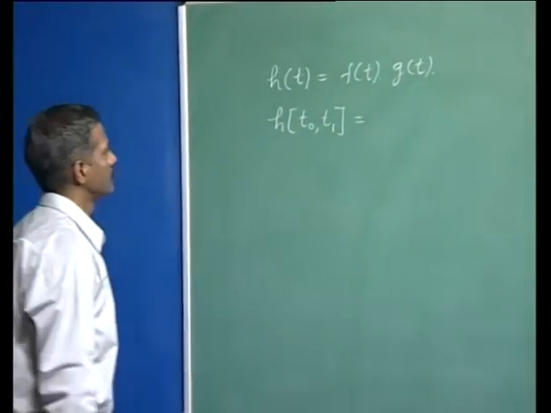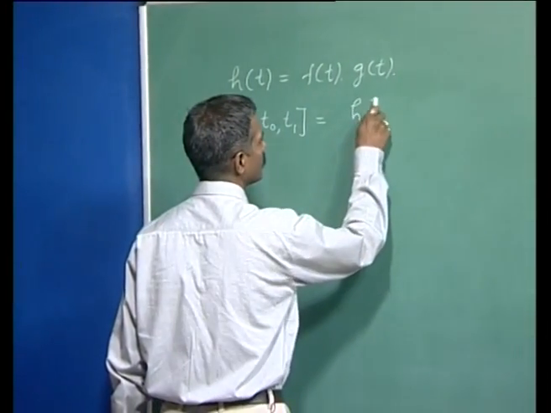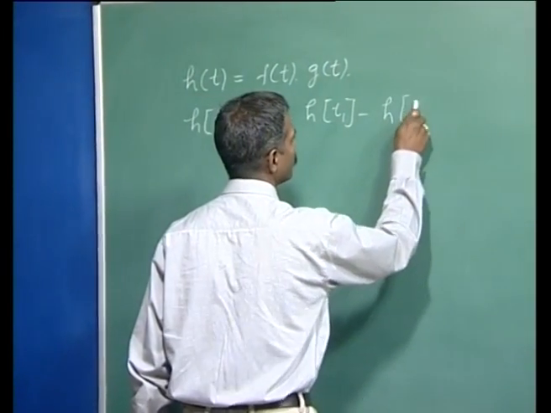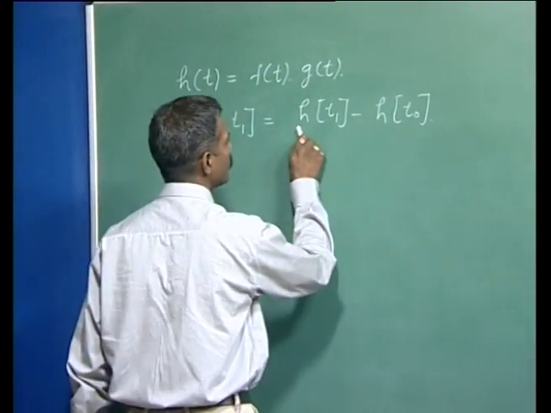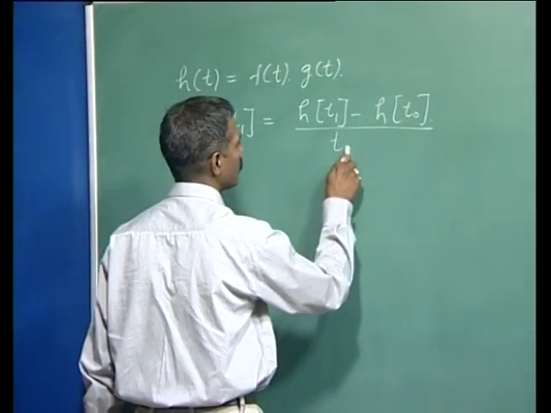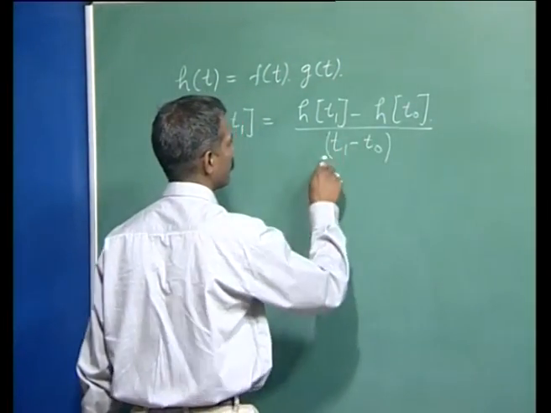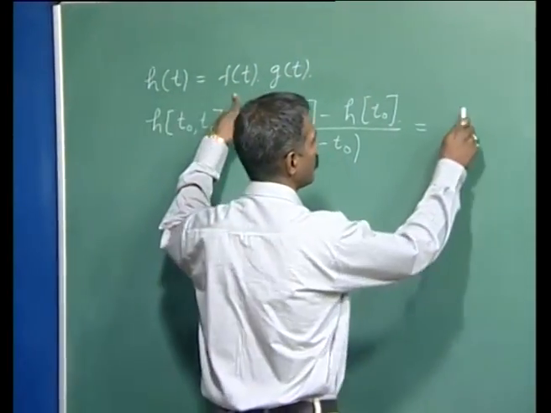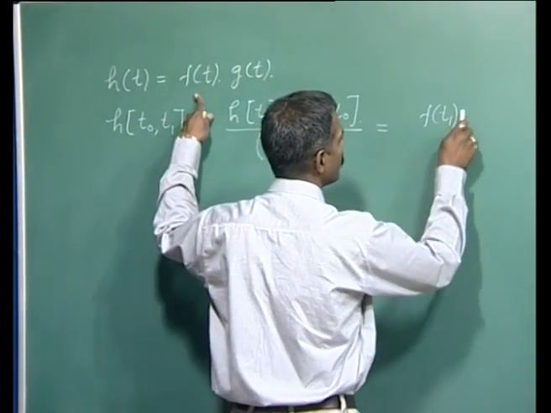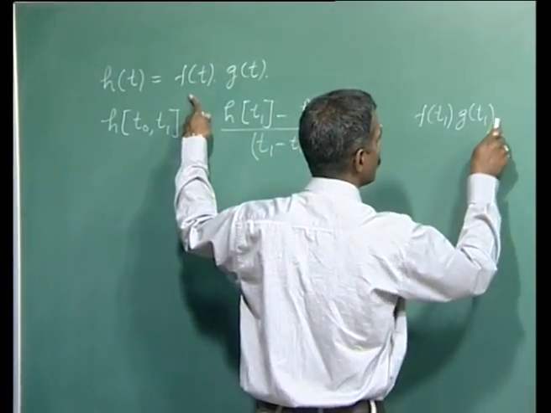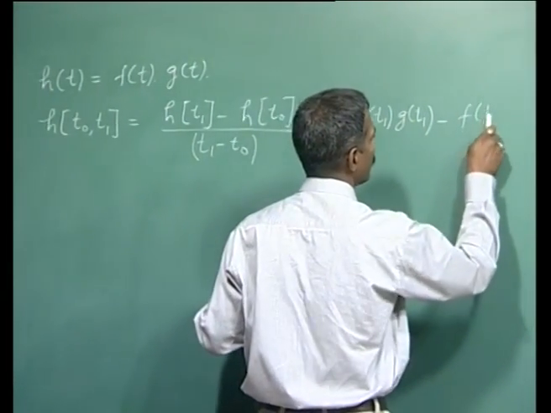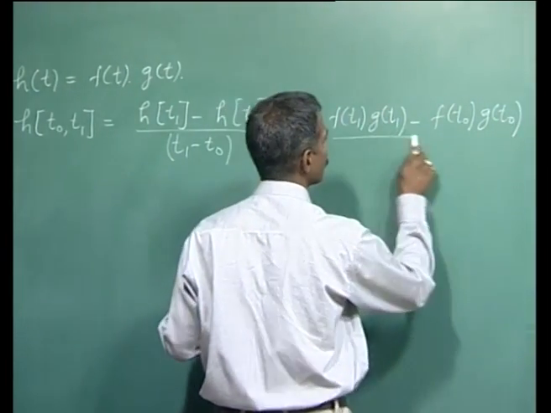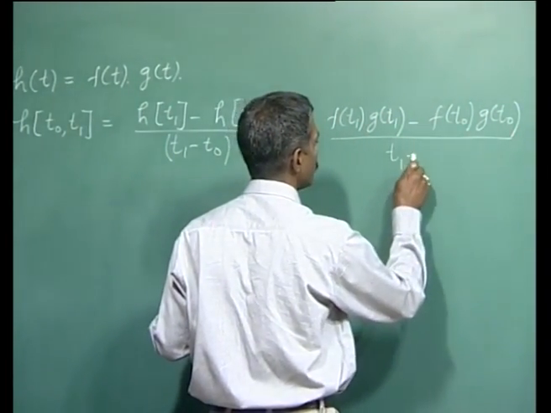By definition, it is defined as h(t1) minus h(t0) over t1 minus t0. This is equal to f(t1) g(t1) minus f(t0) g(t0) over t1 minus t0.